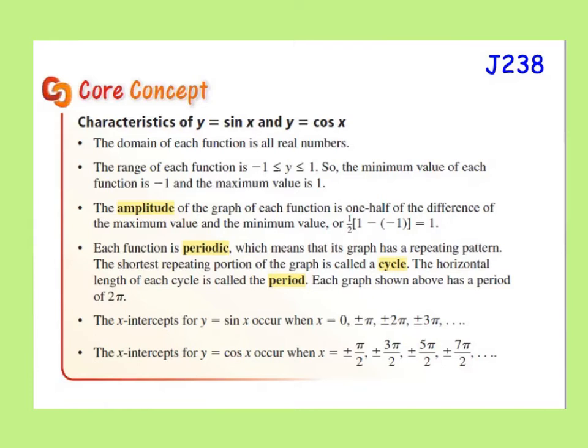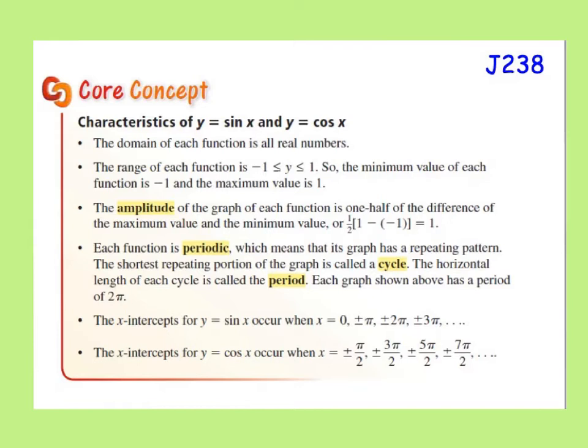The amplitude of the graph of each function is 1/2 of the difference of the maximum value and the minimum value. So if the maximum value is 1 and the minimum value is -1, it's a half times 1 subtract -1, in other words, a half times 1 plus 1, which is 2, so the answer is going to be 1.